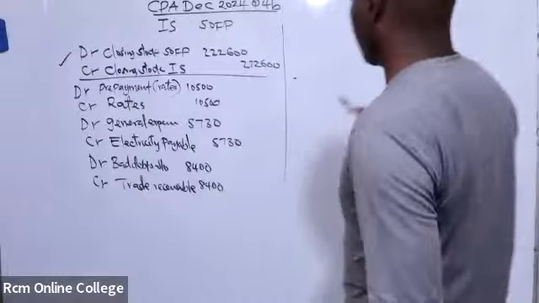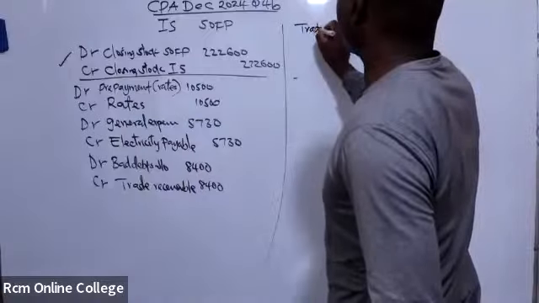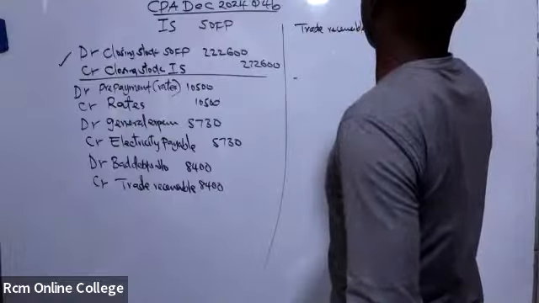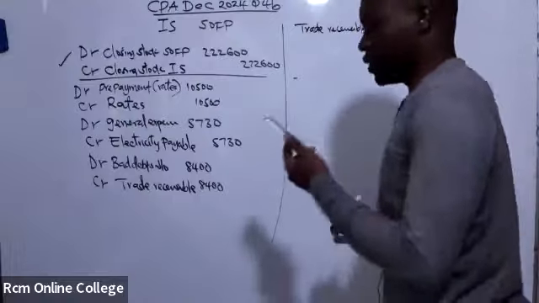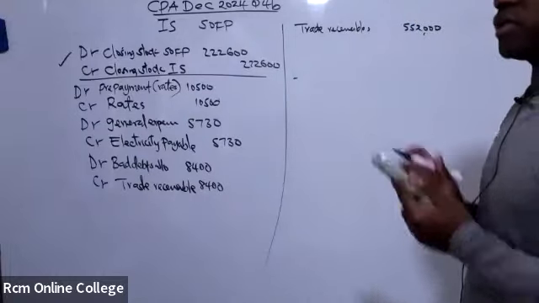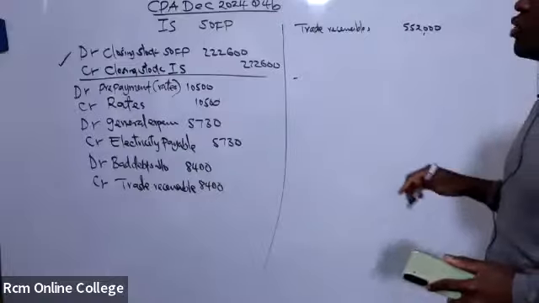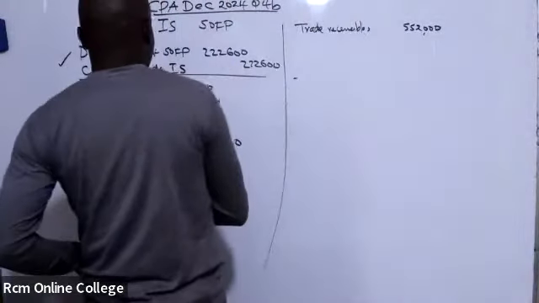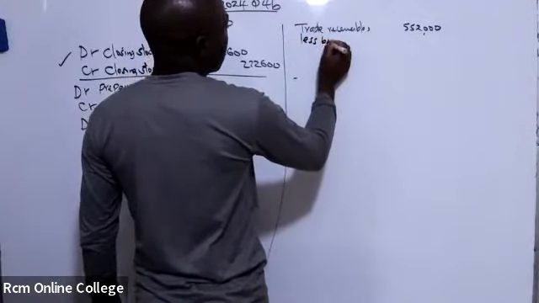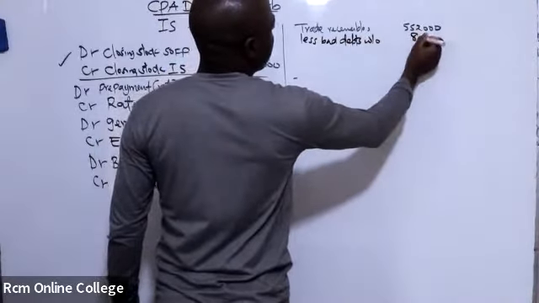I want us to adjust it this way. Trade receivables balance is 552,000. Now, something happened to this 552,000. We need to less the bad debts written off of 8,400.